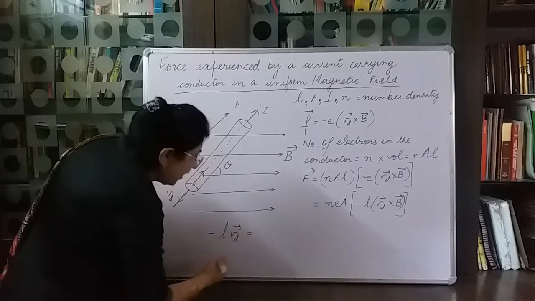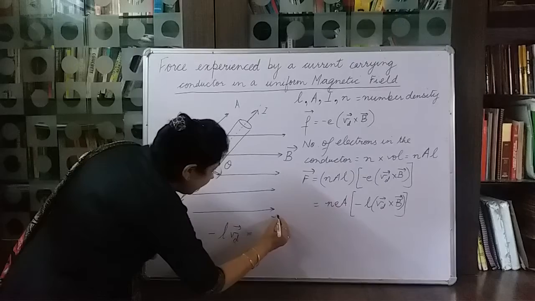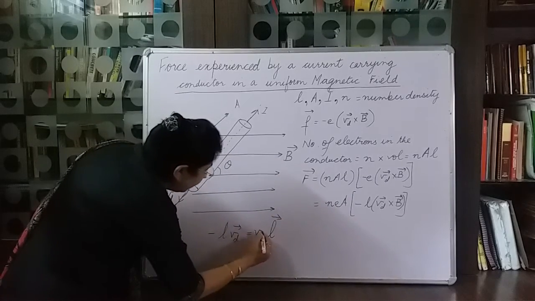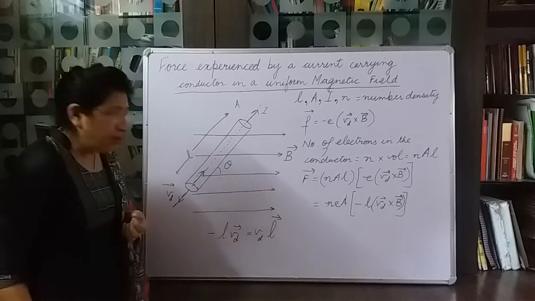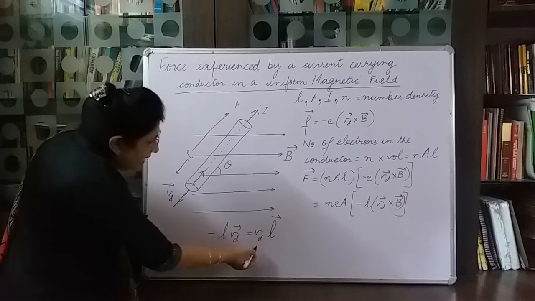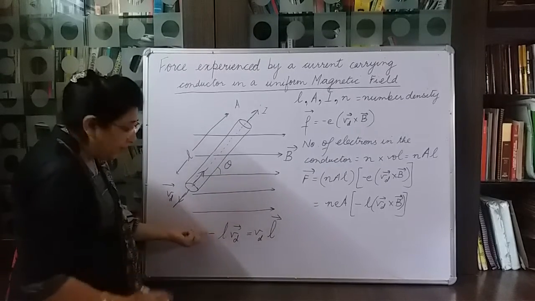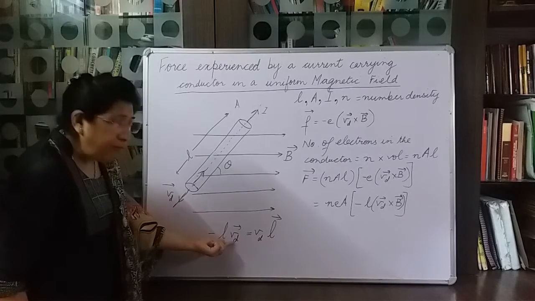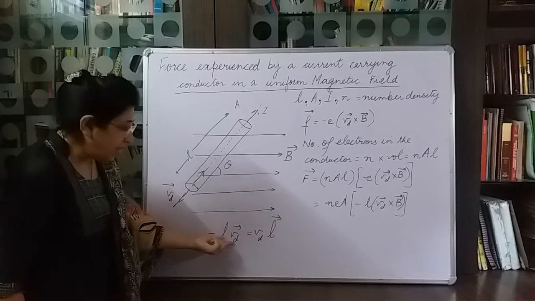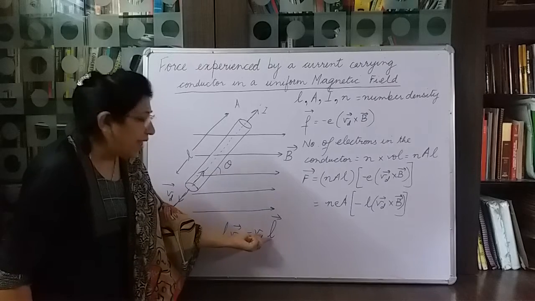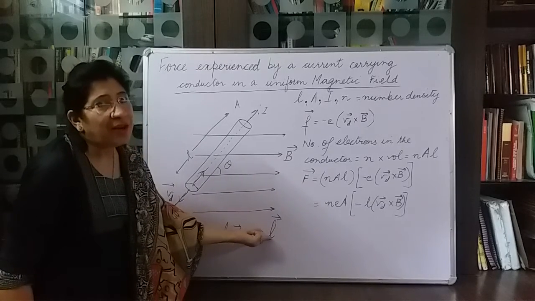So we can rewrite this, taking L as the vector and magnitude of Vd. This is the direction minus Vd, that is the direction opposite to the drift velocity, and it is equal to the direction of the current or current element.